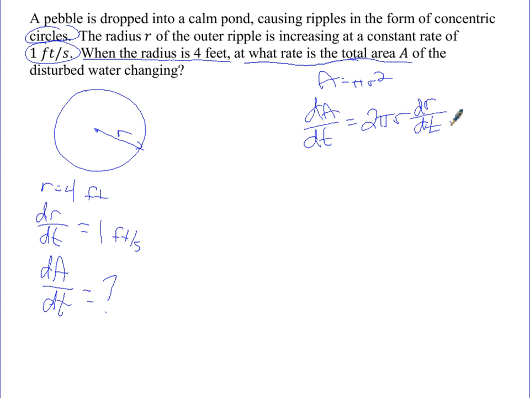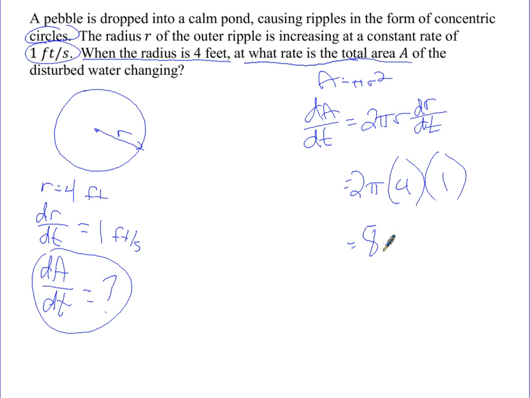So that's the derivative. We are looking for dA over dt, and dA over dt is already sitting here all by itself. We have information for all this other stuff, so we can just plug it in. We have 2, we have pi, we have a radius of 4. We have dr over dt, which is 1. So that becomes 2 pi times 4 times 1, which is just 8 pi. And we need to come up with some units here.